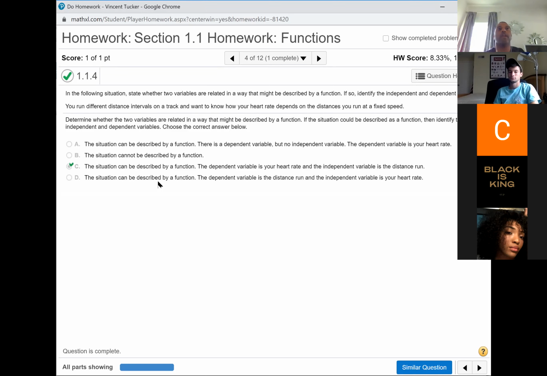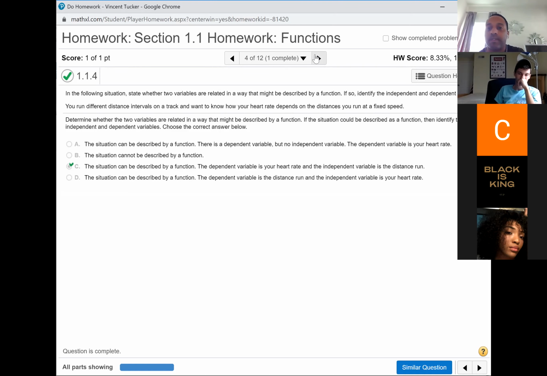In other words, if you run a certain distance, your heart is going to beat at a certain pace versus running a shorter distance. If you run a longer distance, your heart would beat at a certain pace. You run a shorter distance, it would beat at another pace. Or if you're running faster versus running slower. So you can say that the distance you run would be connected to a specific heart pace.